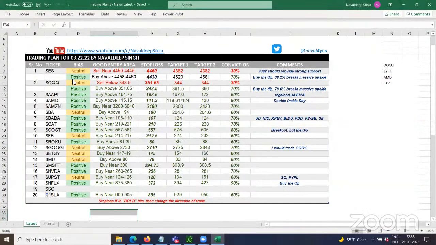So yes, now I'm converting into short and I'm converting into neutral. Evening star on daily.